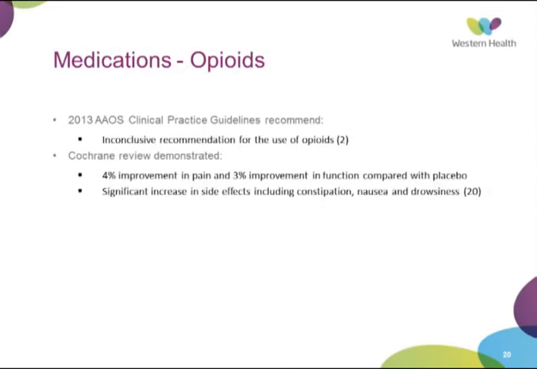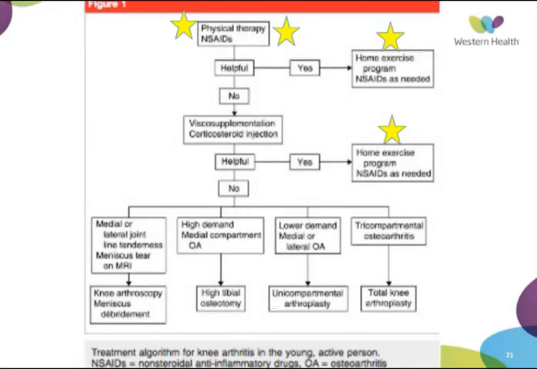Cochrane did a review in 2010, and they found a 4% improvement in pain and a 3% improvement in function, but there was a significant increase in side effects, including constipation, nausea, and drowsiness, and so they did not recommend the use of opioids for people who had painful knee arthritis. So, where do we stand here? Physical therapy is good, NSAIDs are good. So that should be our first line management for these people.